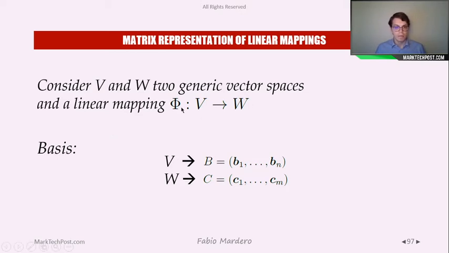We can say from the previous section that we find that in V there's a basis B that has n vectors, and in W a set that we will call C that has m vectors.